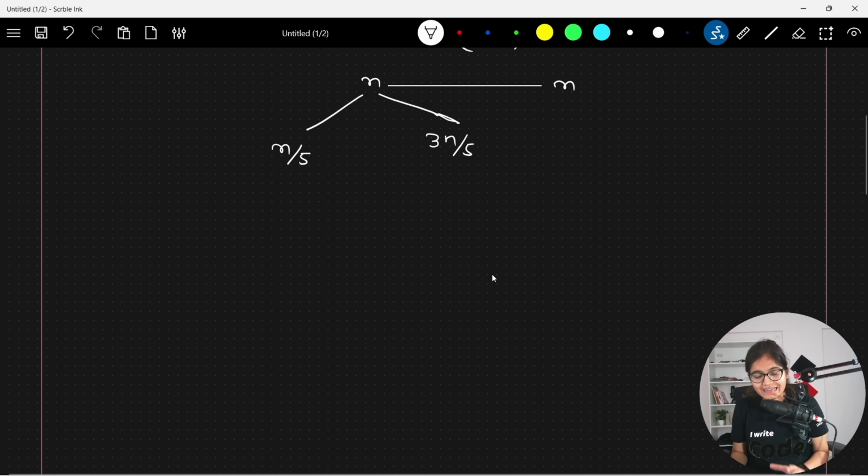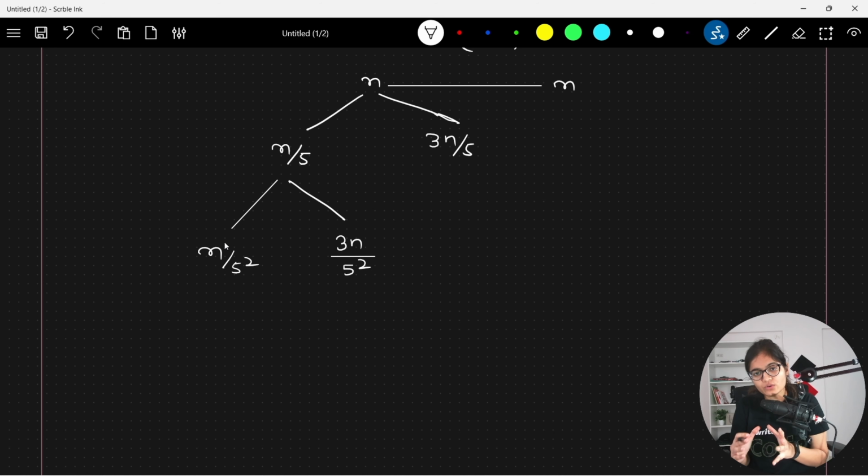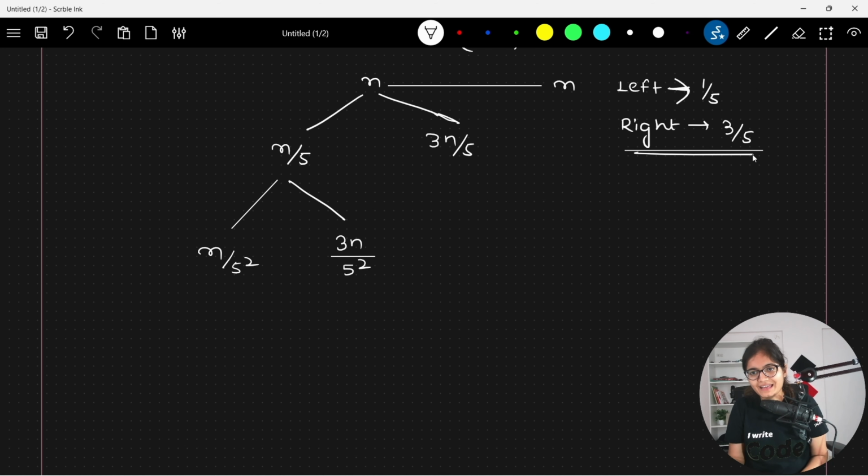Now in the next level, we will again split it into two parts. So we will get the values (n/5)^2 and 3n/5^2. How am I doing so? I am just looking at the pattern. The pattern says that on the left part, multiply by 1/5, and on the right part, multiply by 3/5, and everything will be resolved.